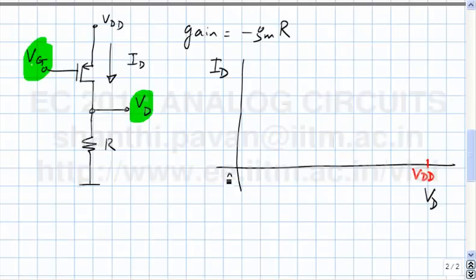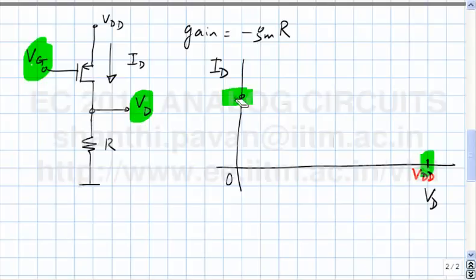What will be the current through the transistor? It will be given by some constant value, 1/2 mu_p C_ox W/L times (V_DD minus V_G, that is the source gate voltage, minus V_TP) whole squared. Let's call that value I1. When V_D is 0, this is the current. When V_D is V_DD, the current is 0. So how will the characteristic look like?